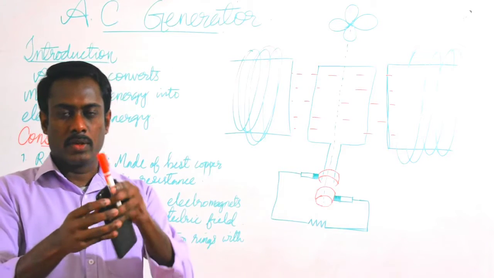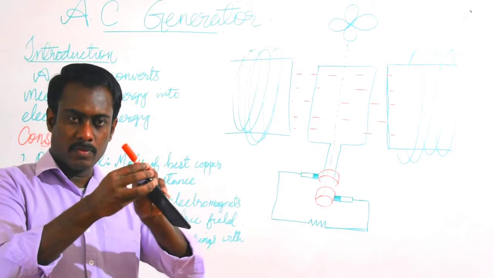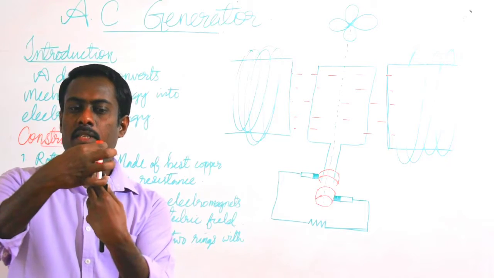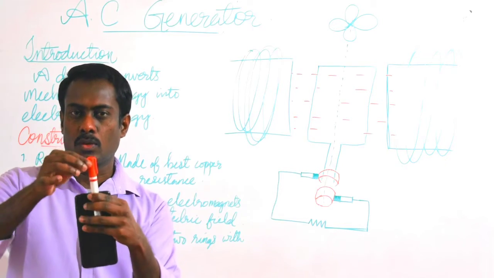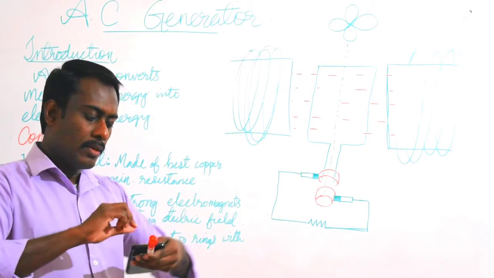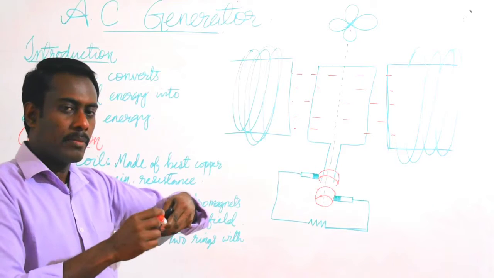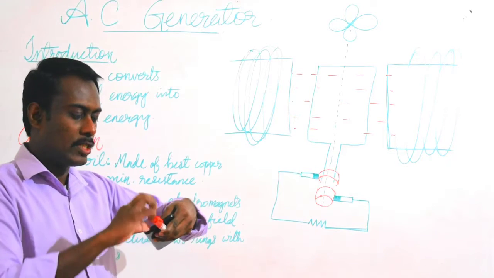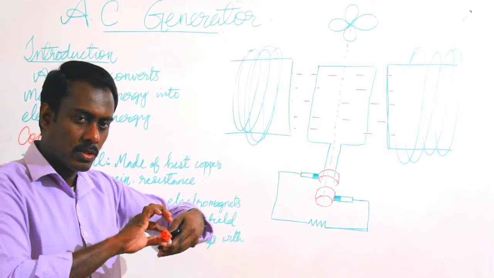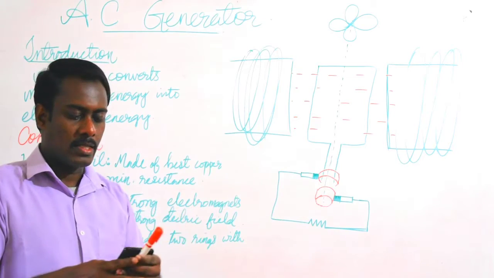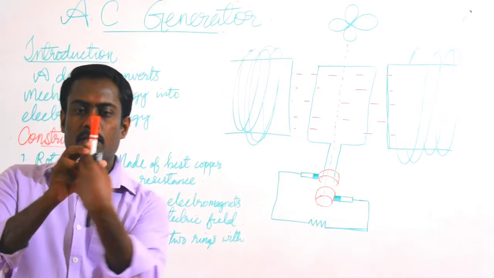When the coil rotates, the shaft rotates, and the rings also rotate, but they do not change their position, since they are fixed on the axis of the shaft.